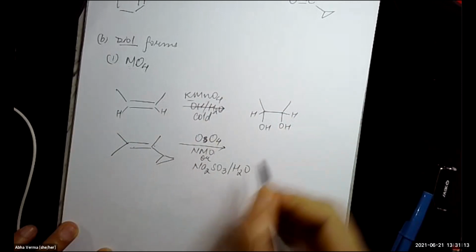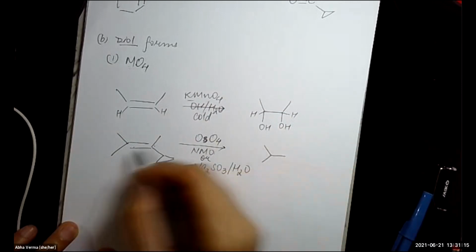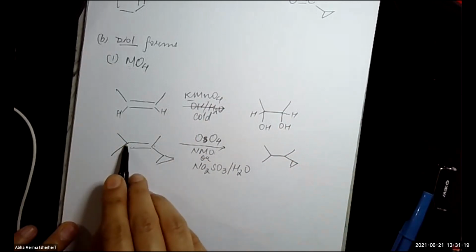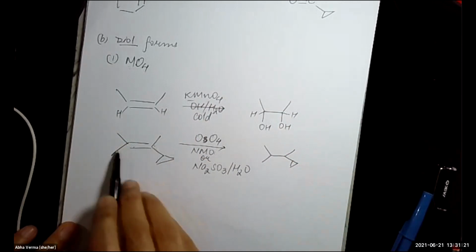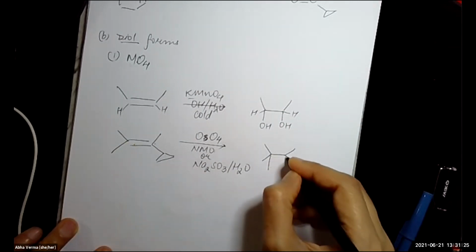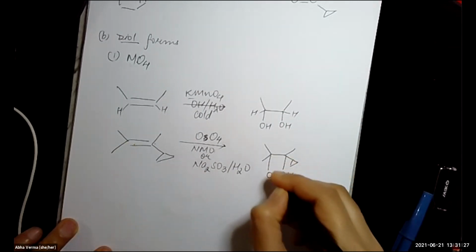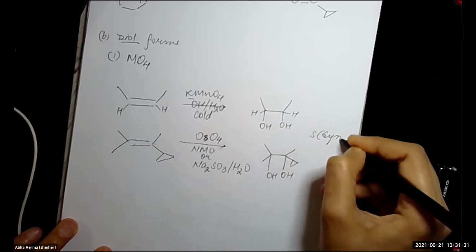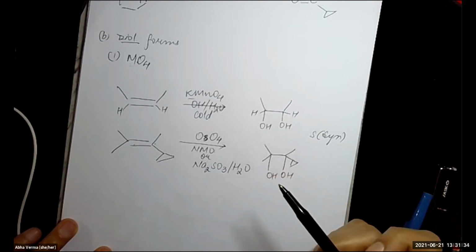What about with osmium tetroxide? I'm going to draw my product, the basic structure. Are there any hydrogens across these carbons? No. So the only 2 things that are left are this OH. So what is my stereochemistry for both? Syn attack occurred across the alkene.